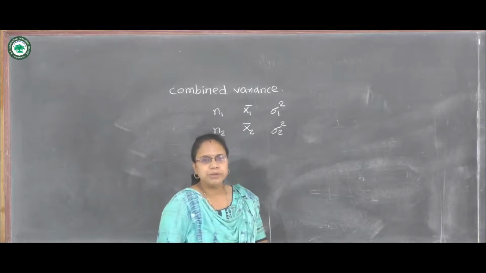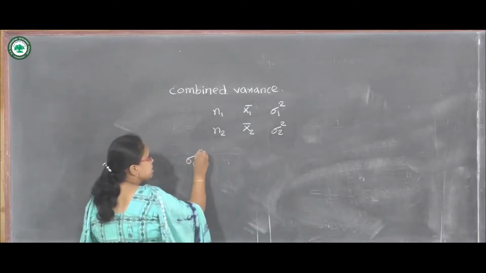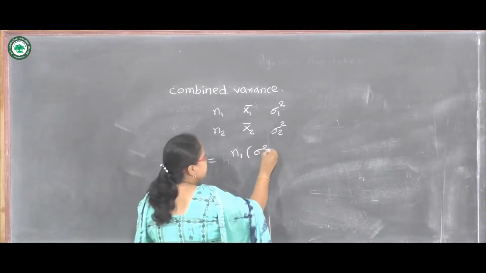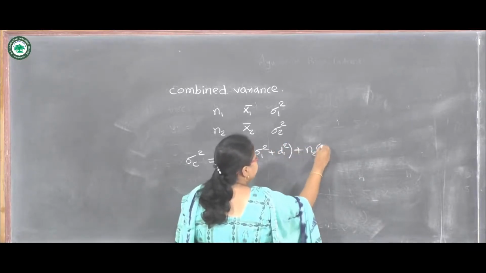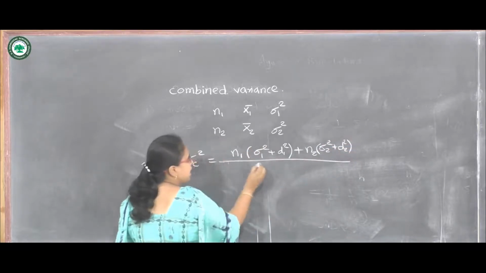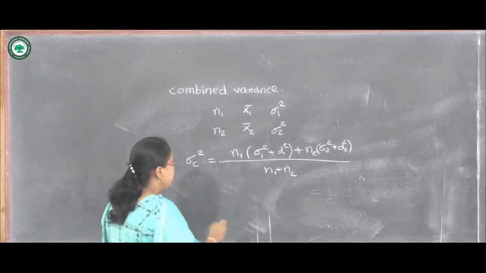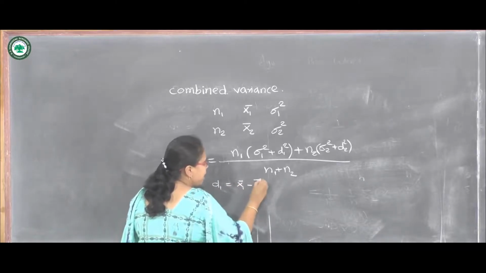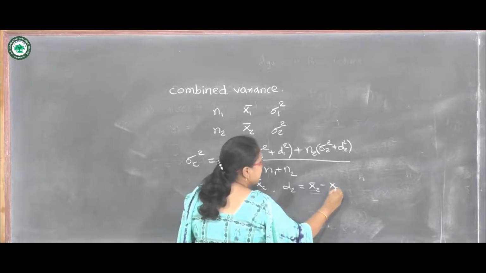Then we can compute the combined variance by the formula sigma c square equals n1 into (sigma 1 square plus d1 square) plus n2 into (sigma 2 square plus d2 square) divided by n1 plus n2. So this is the formula where d1 is x1 bar minus xc bar and d2 is x2 bar minus xc bar.